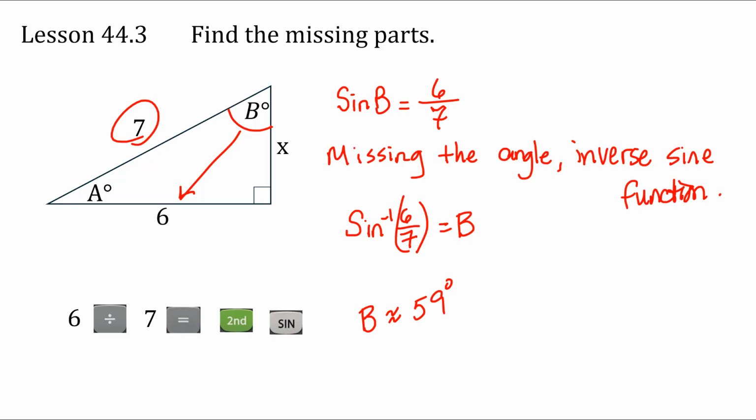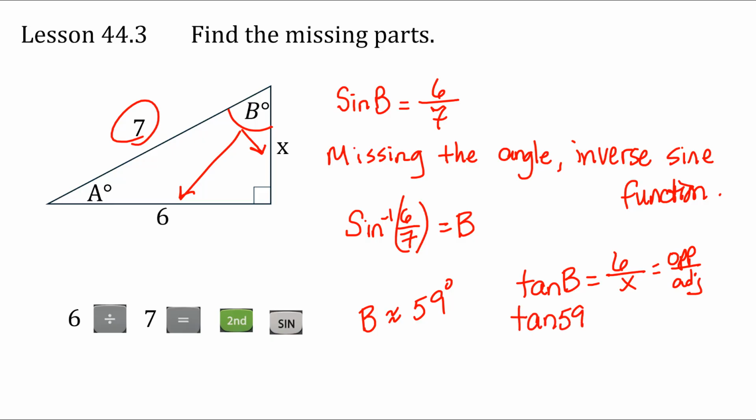All right, so now I can find X. Tangent of B is opposite over adjacent. So here's B, opposite is 6, adjacent is X. I know B is about 59 degrees.